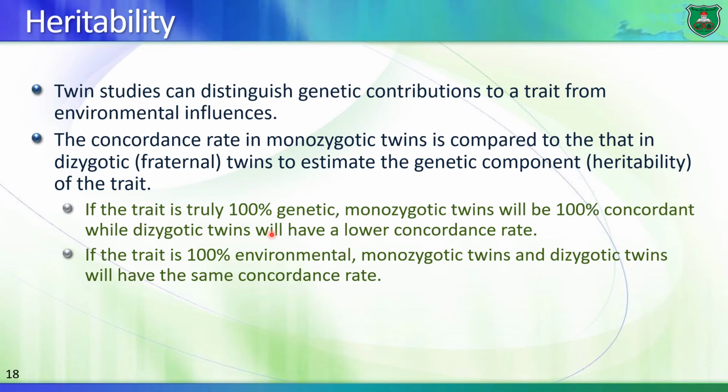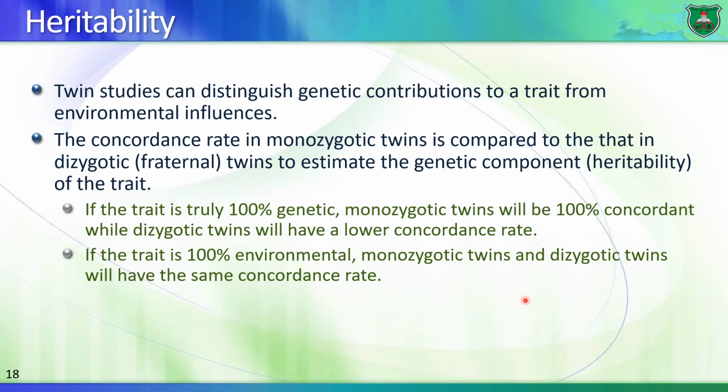If a condition is truly 100% genetic, then monozygotic twins will be 100% concordant, versus dizygotic twins, who will have a lower concordance rate. What does concordance mean? That is a match. If one is affected, the other one must be affected, if the condition is 100% dependent on genetics.